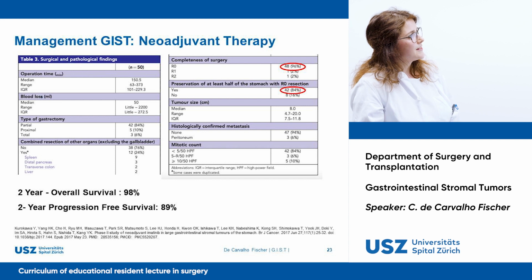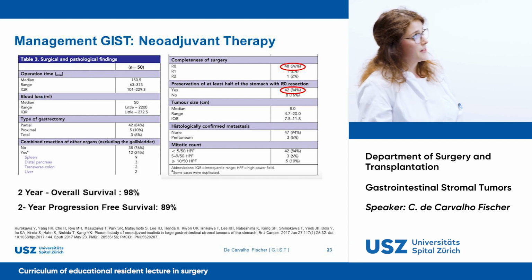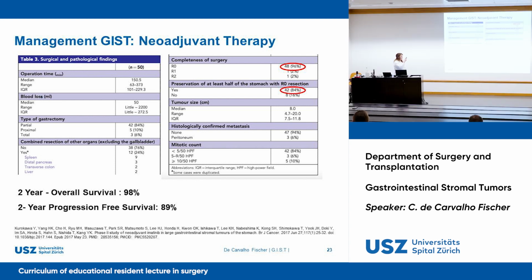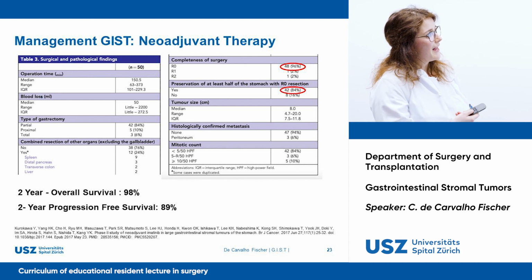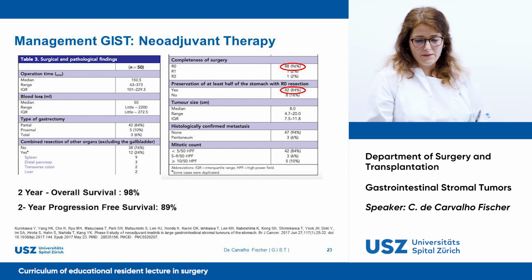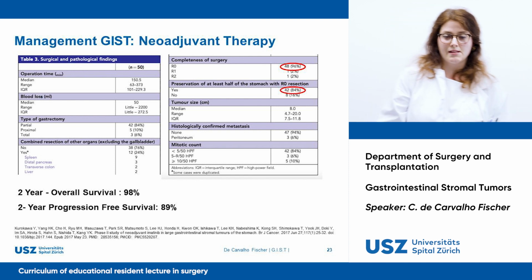What's also important is that in this study, 96% of patients were completely resected, had an R0 resection. And within these resections, in 84% of cases, half of the stomach was preserved. The overall survival and progression-free survival was also excellent.